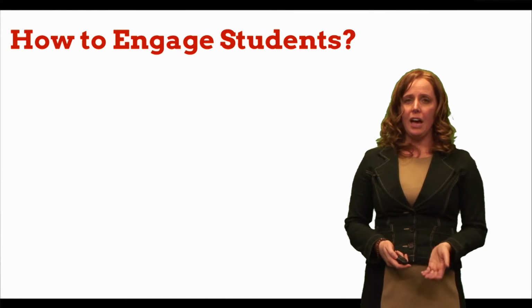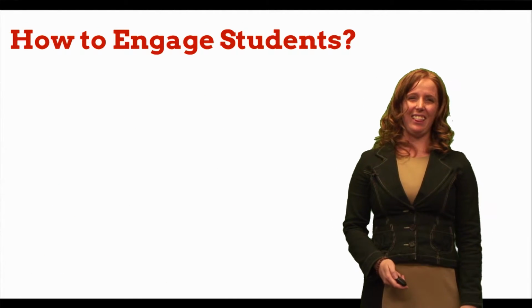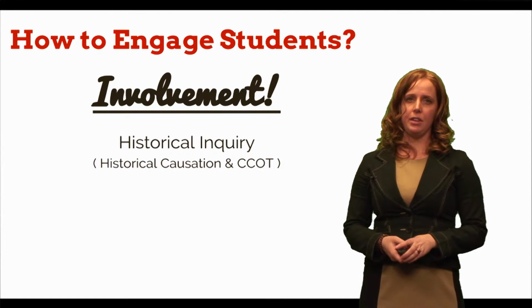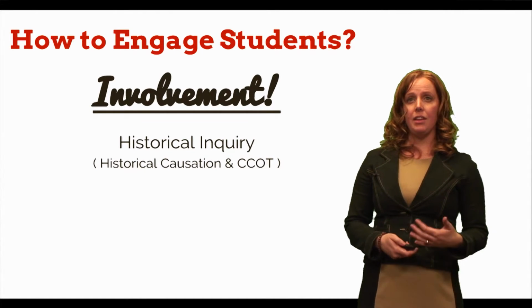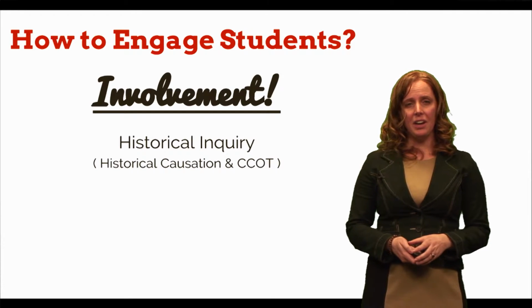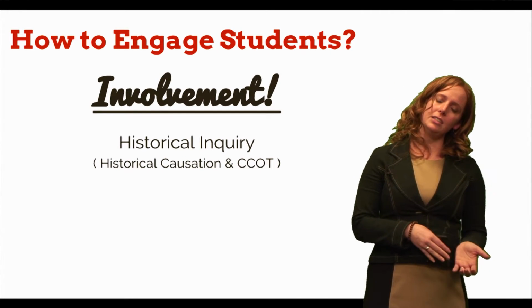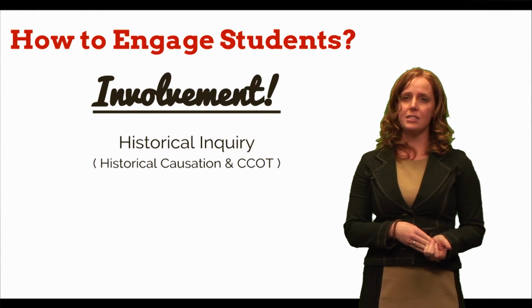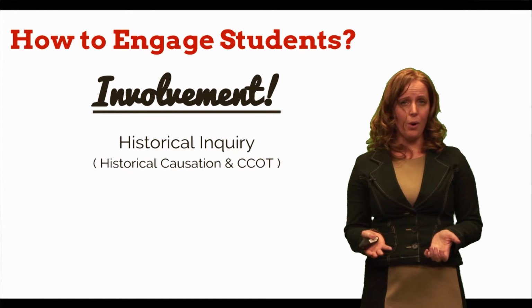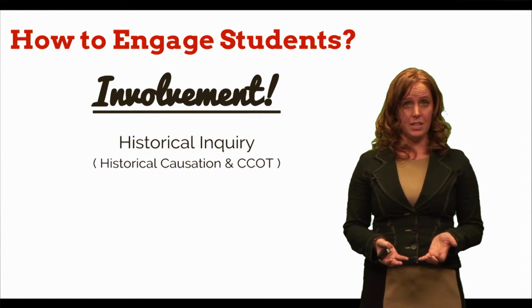So when we're looking at how to engage our students, in the end, it's really about involving them in the process, having them do the historical inquiry, focusing on the historical causation with the chronology and the timelines, and then asking them those questions for continuity and change over time.